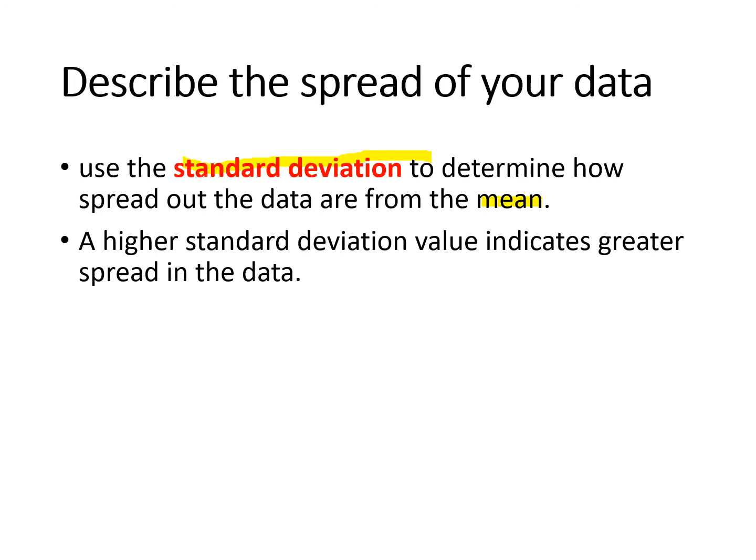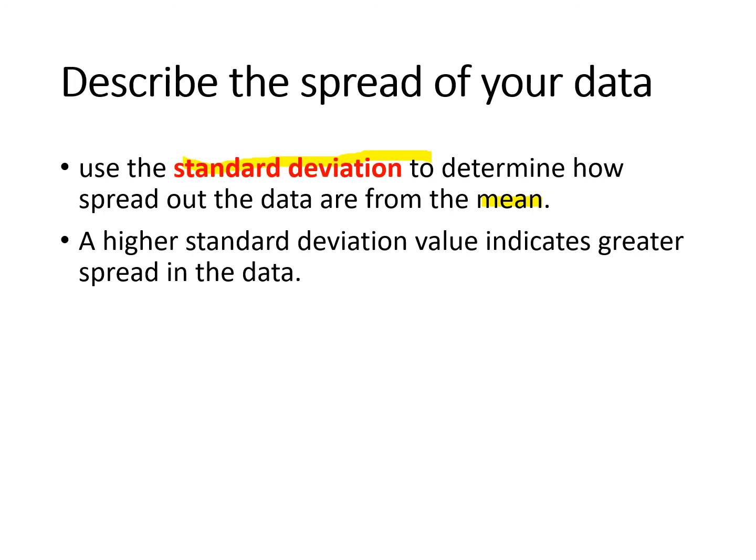Because if there is a greater difference between the standard deviation value and the mean, it indicates a high spread of your data. So it indicates here that a higher standard deviation value from the mean indicates greater spread of your data. So this should also be put in your interpretation.